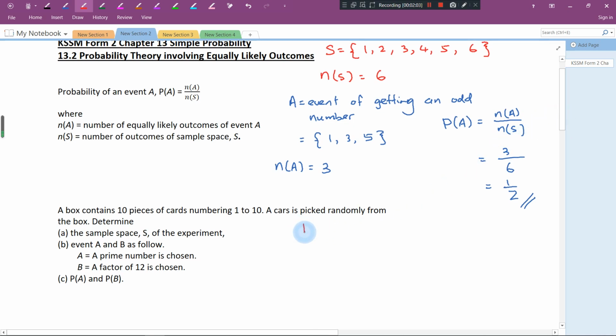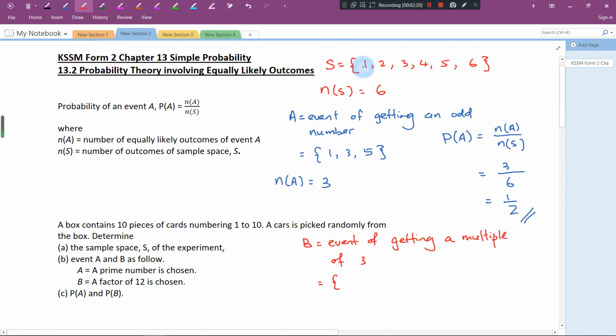Let's say we have another event, event B, of getting a multiple of 3. We choose from the sample space. How many multiples of 3 do we have here? We have 3 and 6, so n(B) is 2.